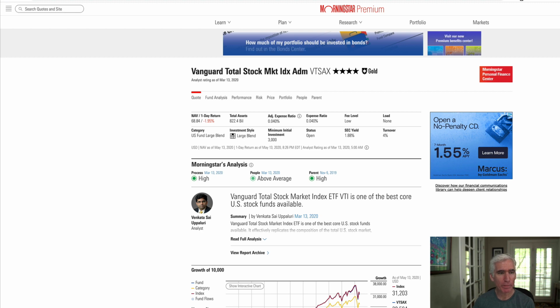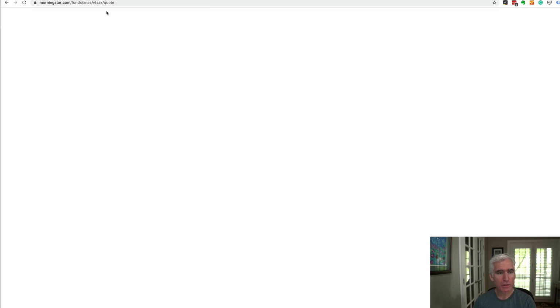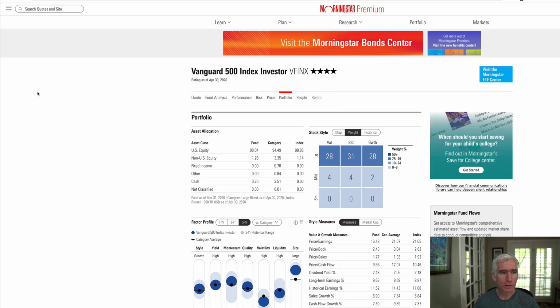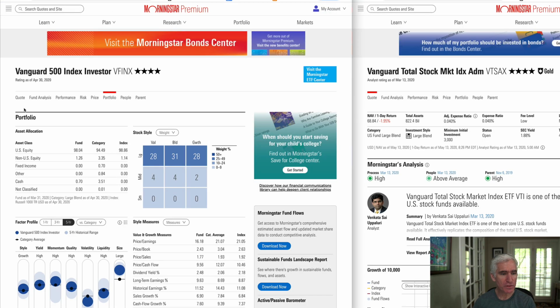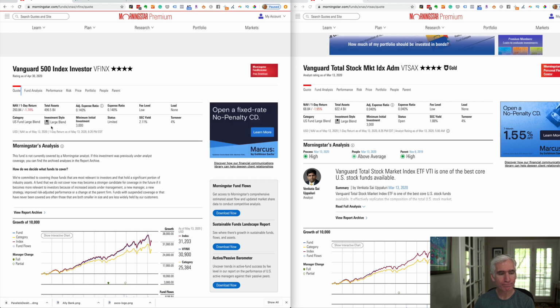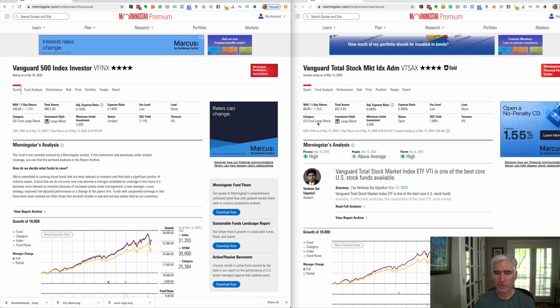And so if we were to compare, let me actually move this side by side. Comparing these side by side at the quote level, there's no difference, right? U.S. fund, large blend for the total stock market. Same thing for the S&P. Same box colored in for the investment style box.